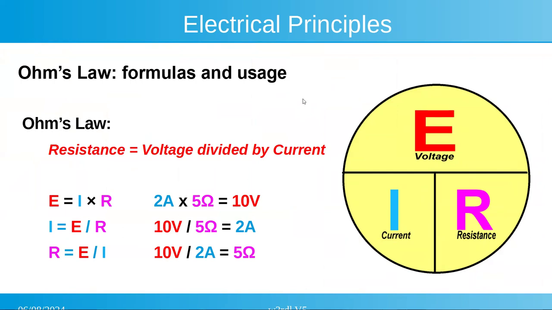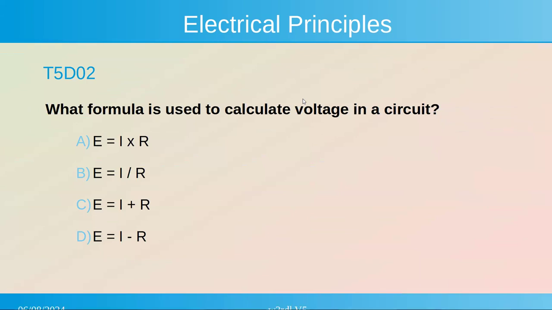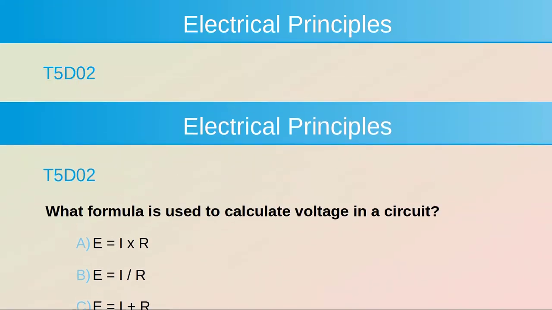That's it. Got it? Right, you look at that chart, then you look at this. Much easier to remember that little circle, because here you have to look at every one of them and really think it through, but if you remember that diagram, well, we've got times, divided by, plus, and minus, so it'd be B, wouldn't it? I times R. Oh, okay, yeah, I see it's A. Because you cover the E on your little pie chart.